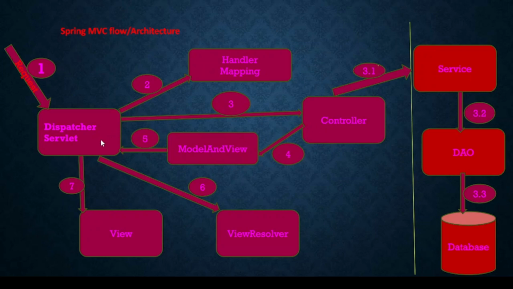The dispatcher servlet, with the help of the view resolver, will resolve the appropriate physical view. Then, with whatever data the dispatcher servlet has got, with the help of the resulting view, it will render all the data in the particular view, and that response will be shown to the user or the client.